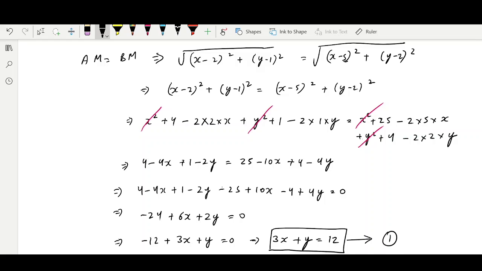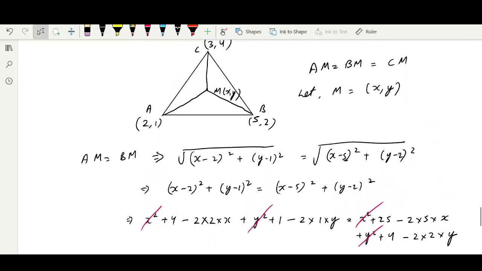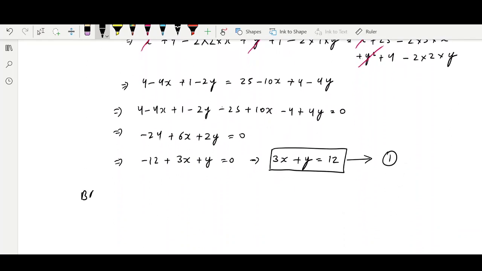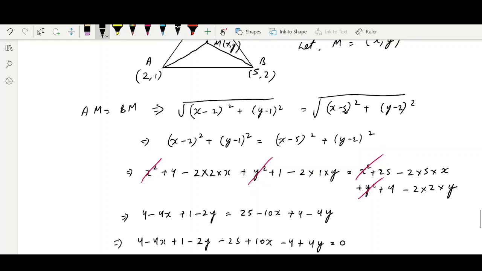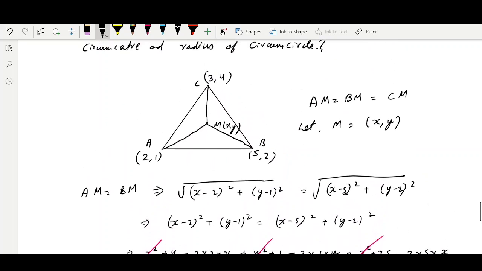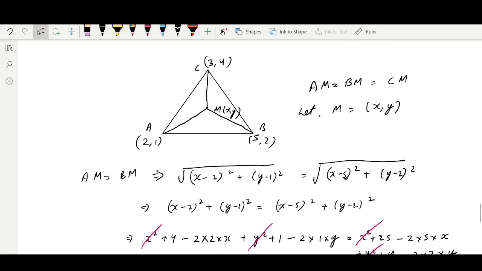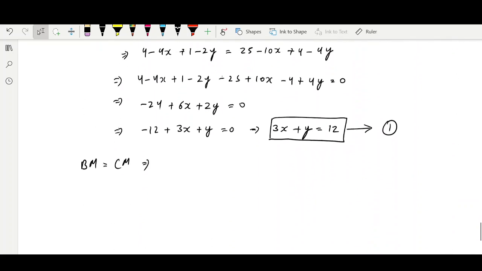Now the second equation can be found out by equating BM and CM. Let's see how. So you know BM is under root (x minus 5) the whole squared plus (y minus 2) the whole squared, and CM is under root (x minus 3) the whole squared plus (y minus 4) the whole squared.